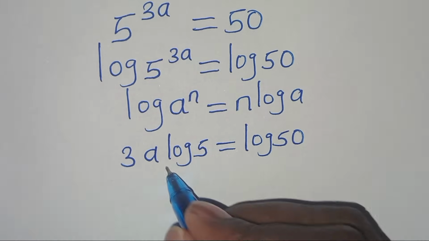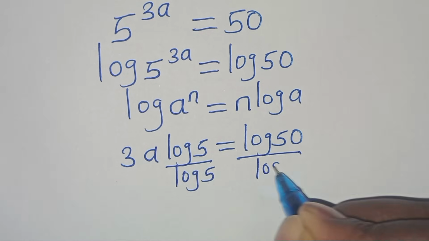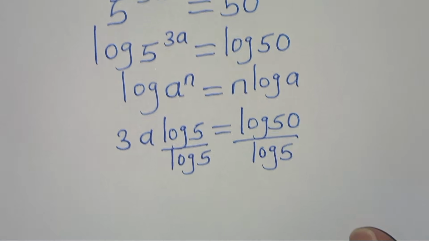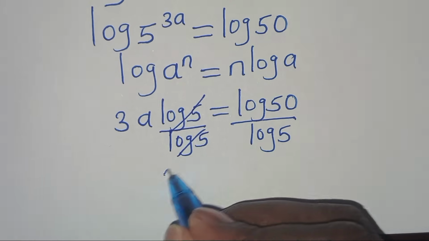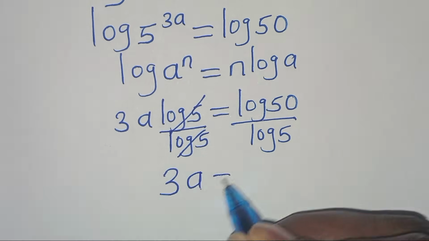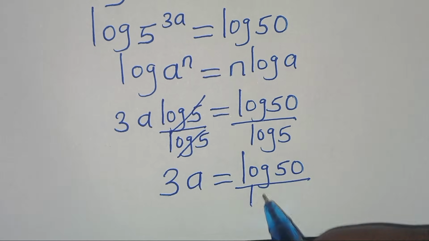And the next step is to divide both sides by log 5. So that now, let's simplify log 5 and log 5 here. So that now, this is 3a. This is equal to log 50 divided by log 5.